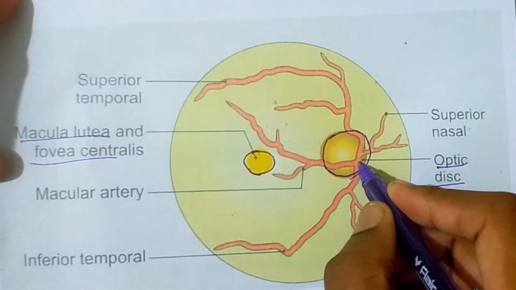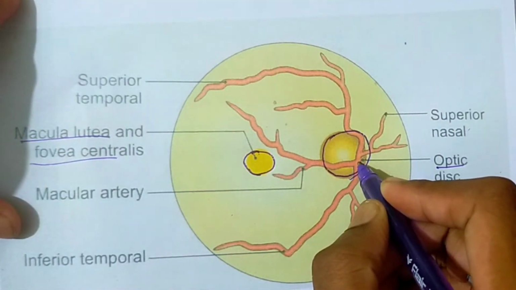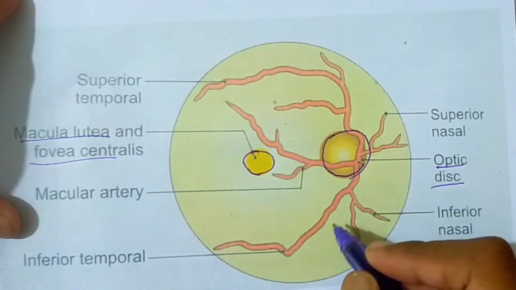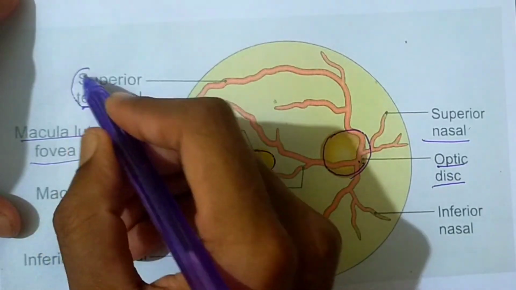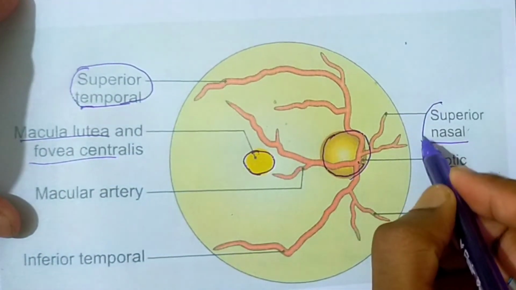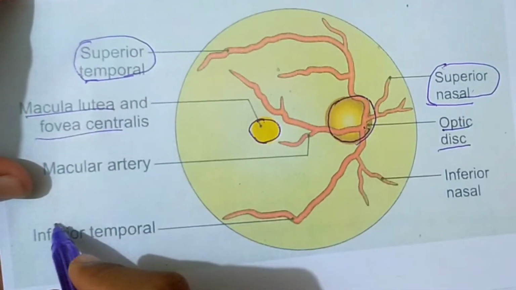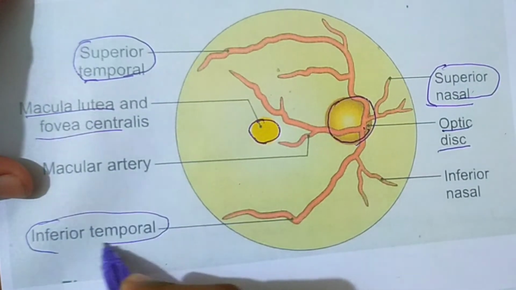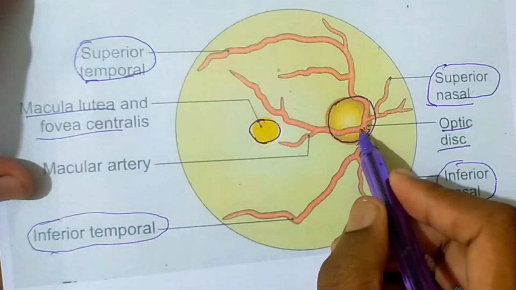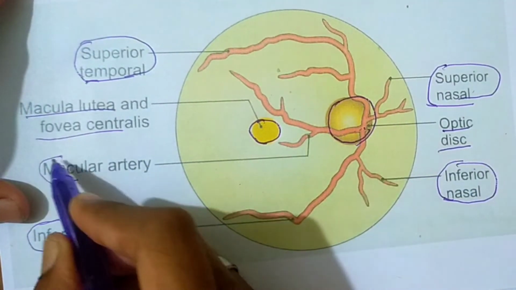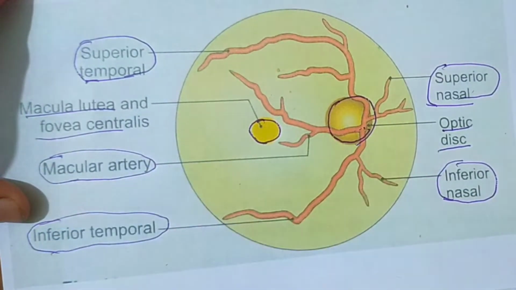This is the central artery which divides into temporal and nasal branches. This is the superior temporal branch. This is the superior nasal branch. This is the inferior temporal branch. It is the inferior nasal branch, and it also gives off a macular branch. It's called the macular artery.